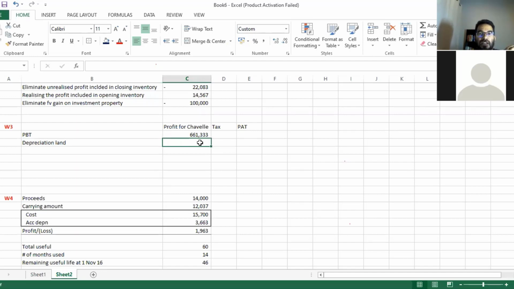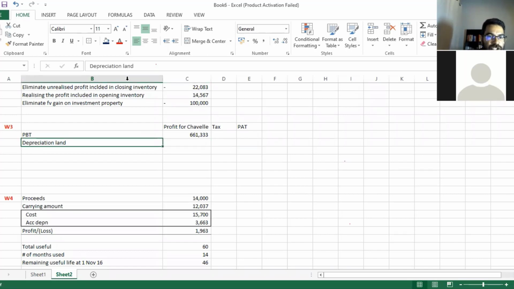So Chevelle is depreciating based on their original cost price, but the group needs to depreciate based on the fair value at acquisition. Let me just see, what was that thing now? It was equipment. So depreciation on equipment. So therefore, from a group perspective, Chevelle needs to process additional depreciation.